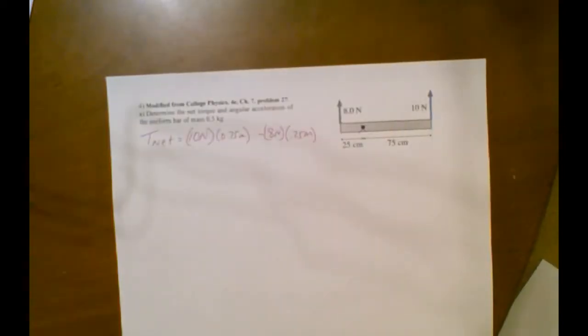And again, remembering, I think the formula on your formula sheet, which I have as M15, is tau is equal to R cross product F, meaning it's RF sine theta, something like that. But these are both perpendicular.